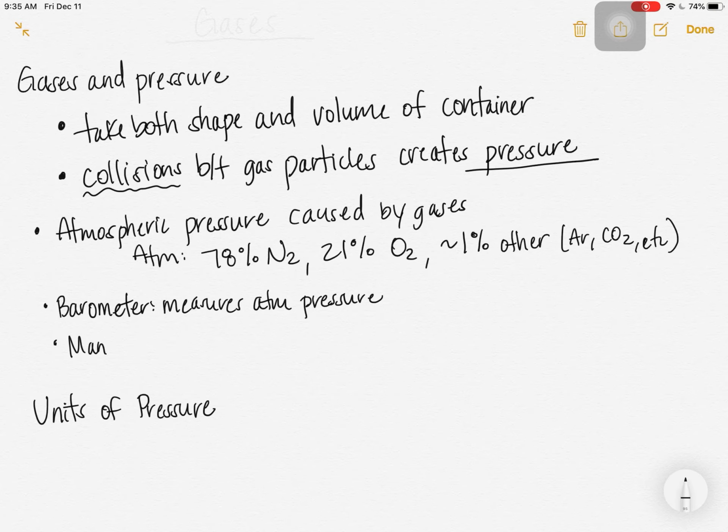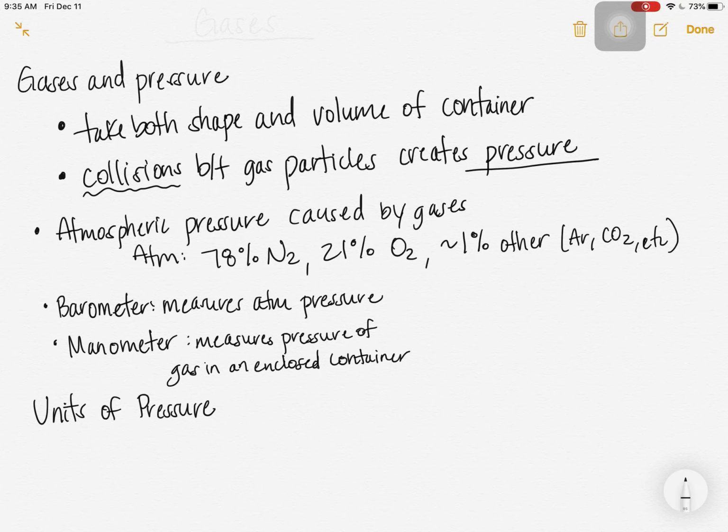I want to draw that for you just because I want you to know that this thing exists. It's called a manometer. It's kind of a strange name, but it measures the pressure of a gas in an enclosed container. So a manometer kind of looks like this.